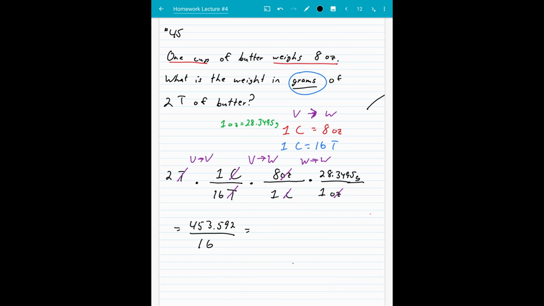Divide that by 16, you end up getting 28.3495 grams. Now, I happen to come out to this because of the way the numbers worked. But that's your answer for that problem. Now, it asks us to round it to a whole number. So we have to say about equals, the nearest whole number is 28 grams.